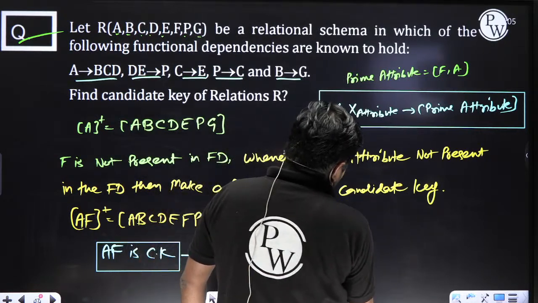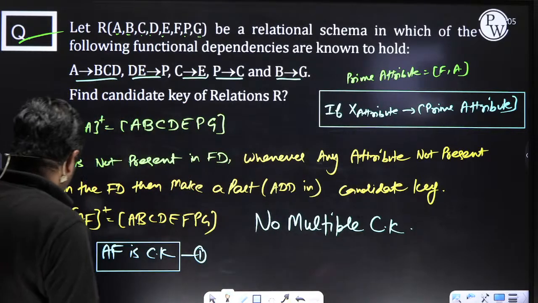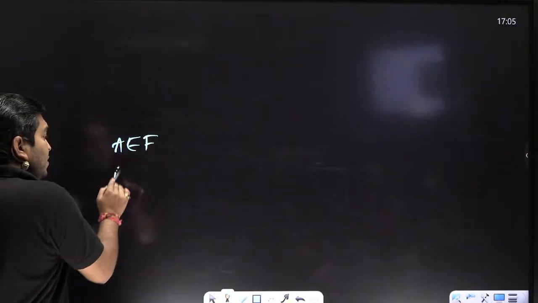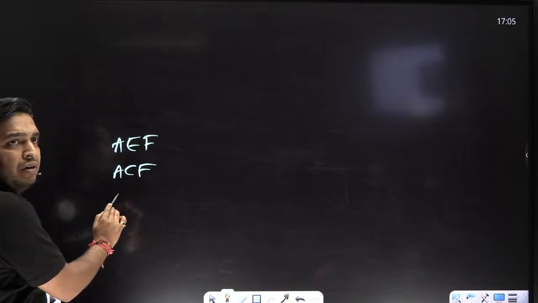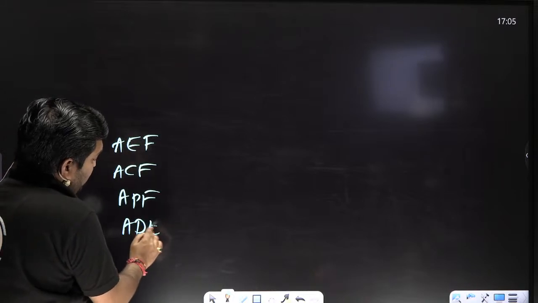What can we say? No multiple candidate key. If your answer is completely wrong, you say beta AEF, ACF, APF, ADEF.